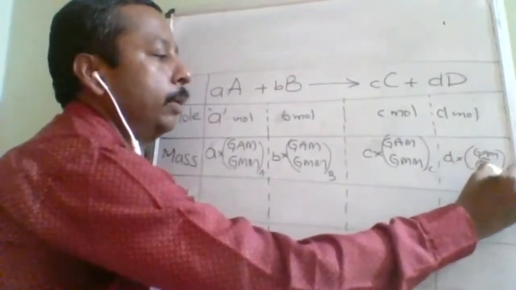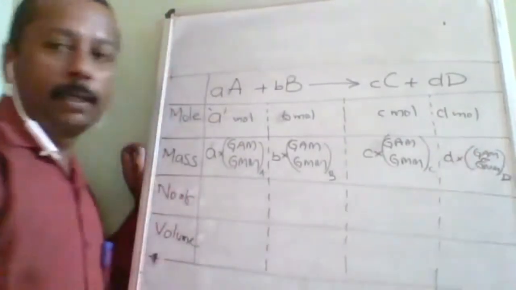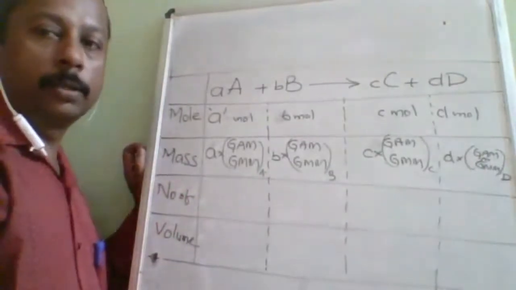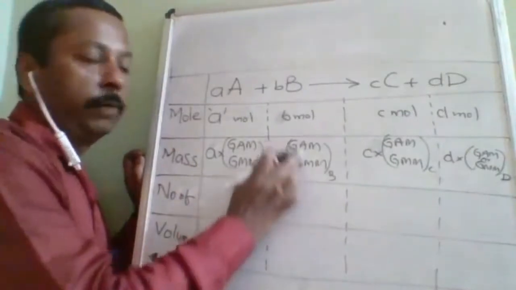If it is a molecule, we use gram molecular mass; if it is an atom, we use gram atomic mass. So depending on the type of existence, we select one.